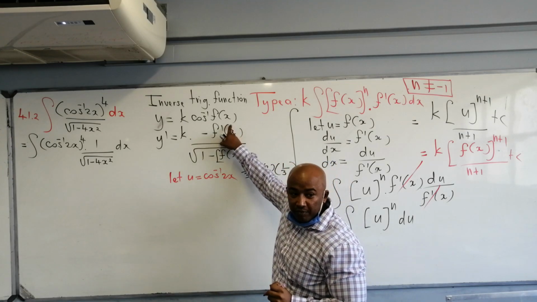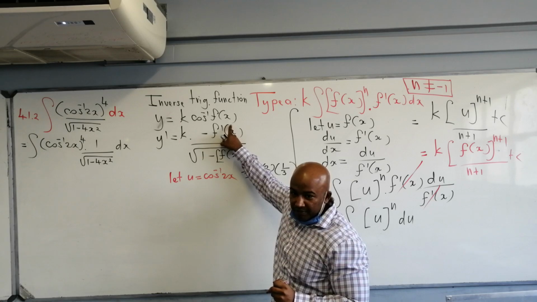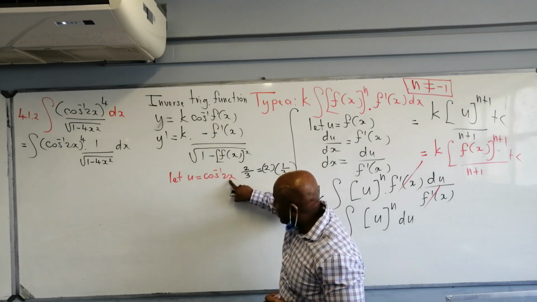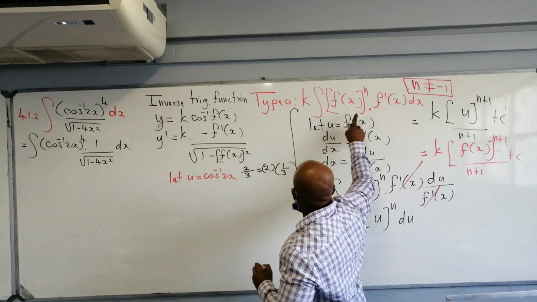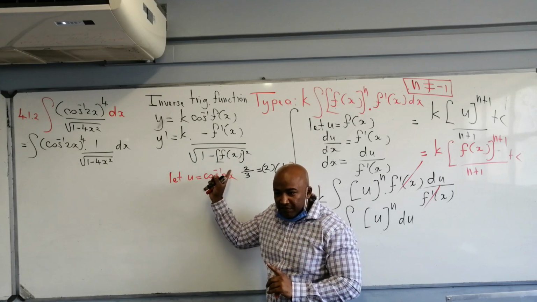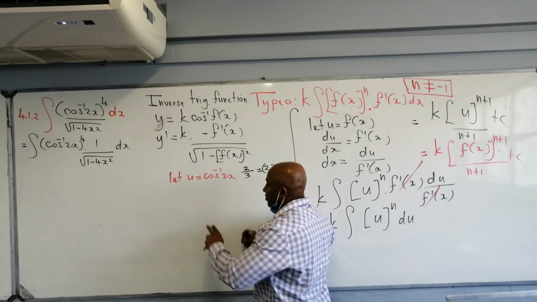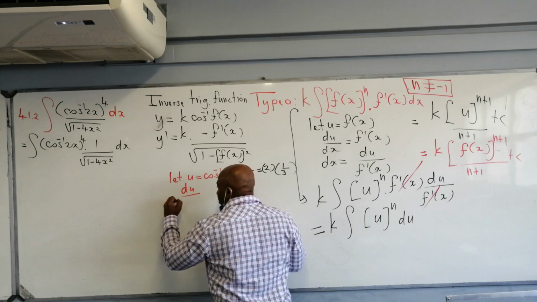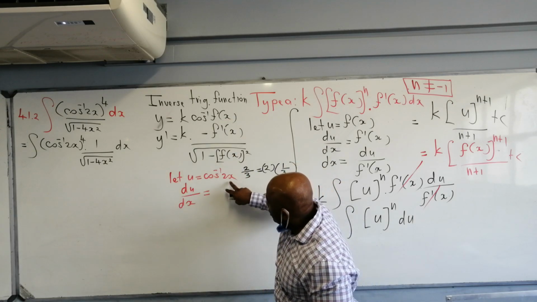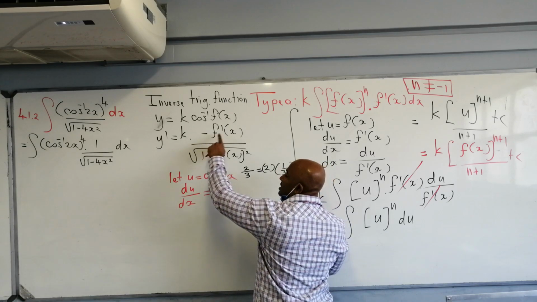Now I need to go to my formula sheets. And then identify my f of x here is 2x. Forget this, we're not talking about this f of x. We're talking about the f of x for the specific function, inverse cos. So then du over dx. How does this work? F of x is 2x. The formula is minus f prime x.